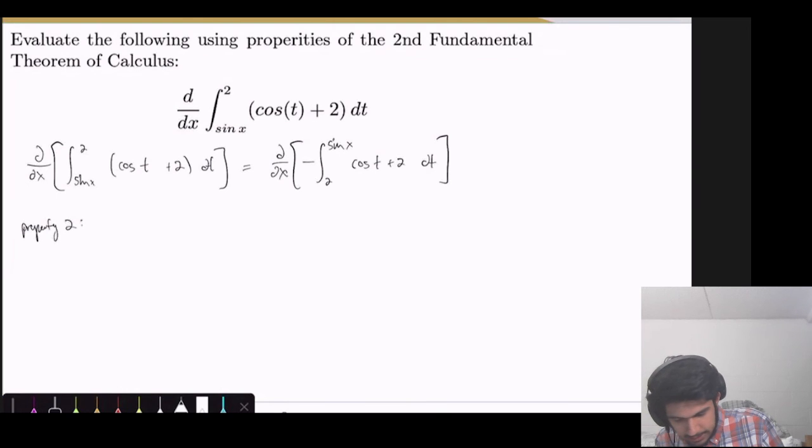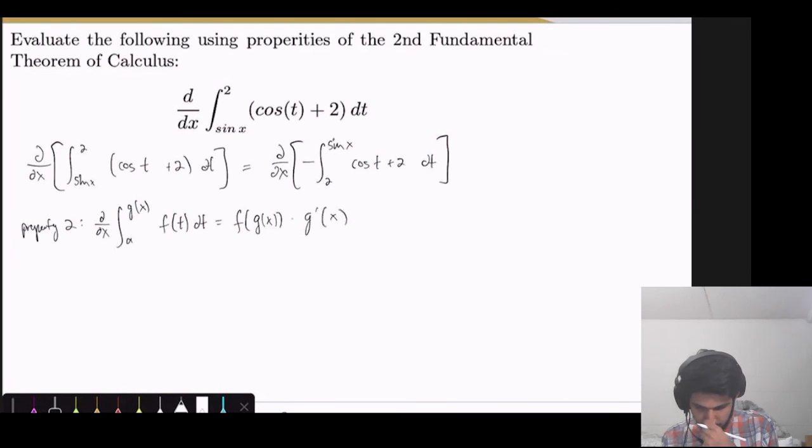Property 2 told us that d/dx of the integral from a to g of x of f of t dt is equal to f of g of x times g prime of x. So this is going to be equal to this function evaluated at sine of x, times the derivative of sine of x.